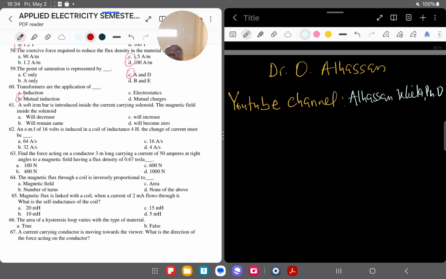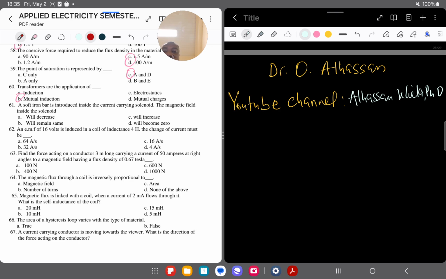So they want to know what is going to happen to the magnetic field inside the solenoid. So the magnetic field here is going to increase.